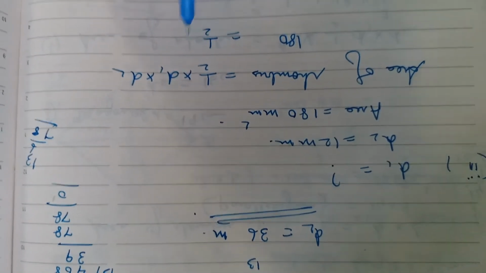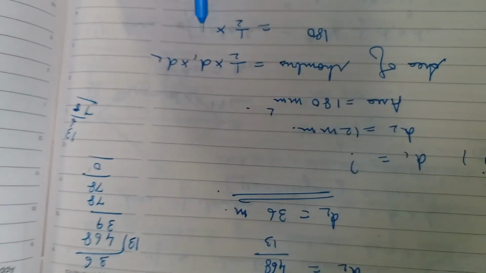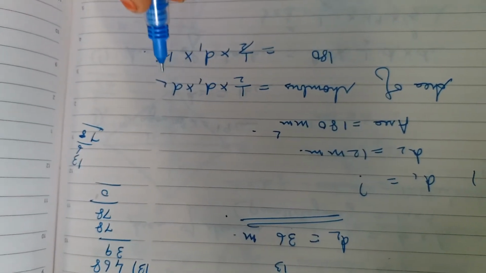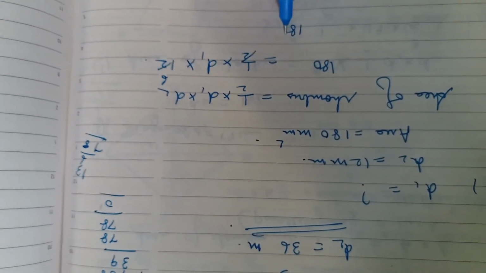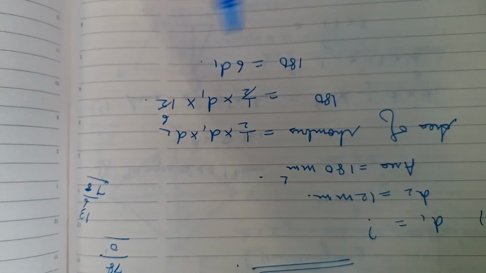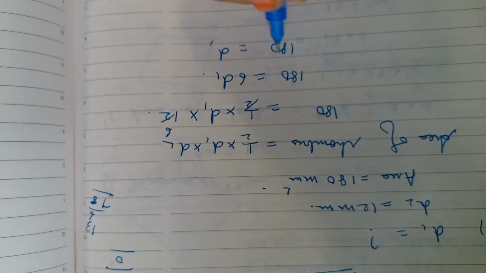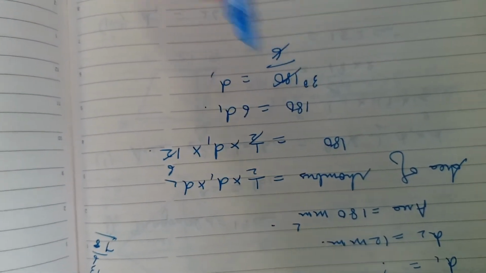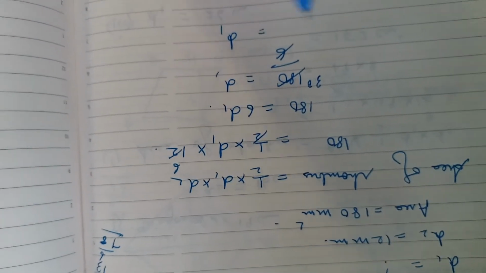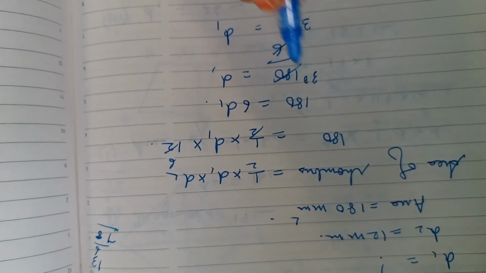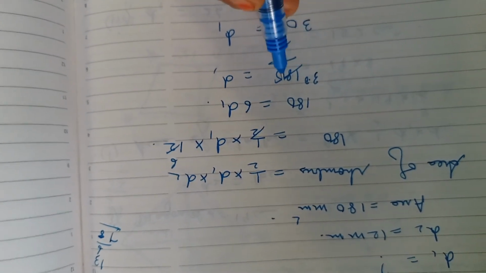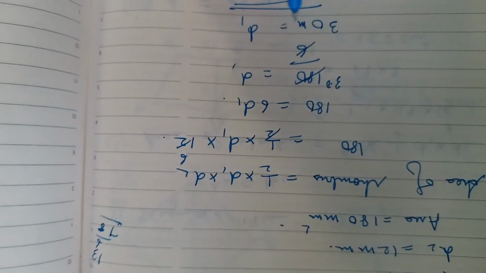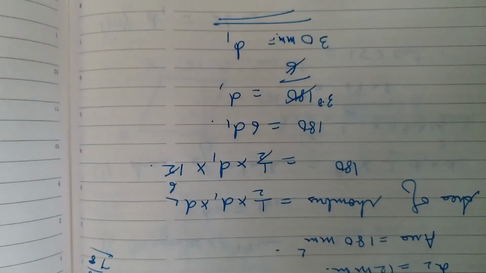It is equal to half into d1, which is not known, d2 is 12. You can cancel, 12 means 6. So 180 is equal to 6 d1. So d1 is equal to 180 divided by 6. This is how many times, 30 times. 6 3s are 18, so I am cancelling this 3 times, and 0 I am putting as it is. So your d1 is equal to 30 millimeter. Because the unit is given as millimeter, you write it as millimeter.